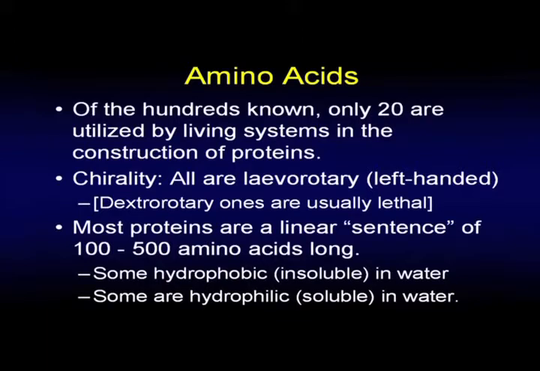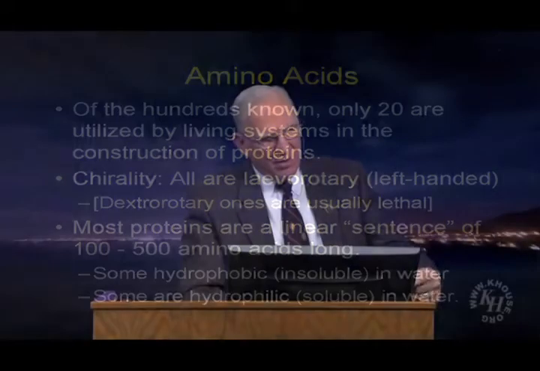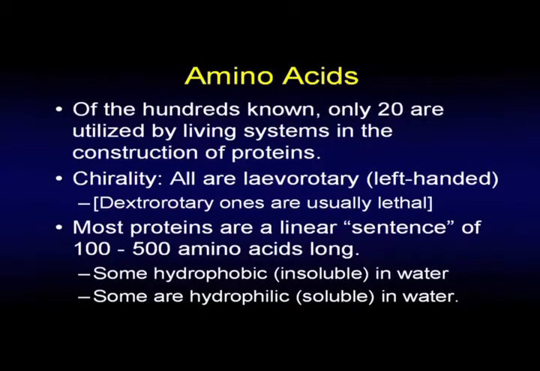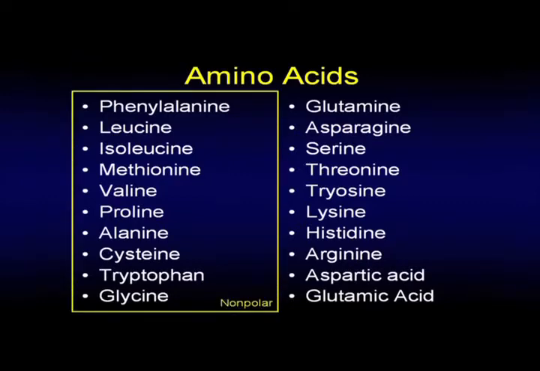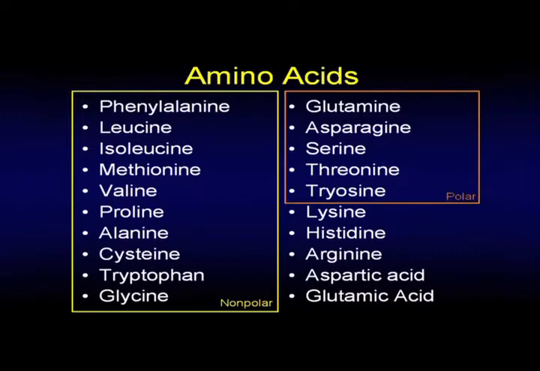Now, most proteins in your body are not 347 amino acids long like this one is, but are up to 500 amino acids long. Some of them are soluble in water. Some are not soluble in water. They're designed that way. And these amino acids can be combined to make 20 different kinds; some of these are nonpolar, some are polar, some are basic, some are acidic.